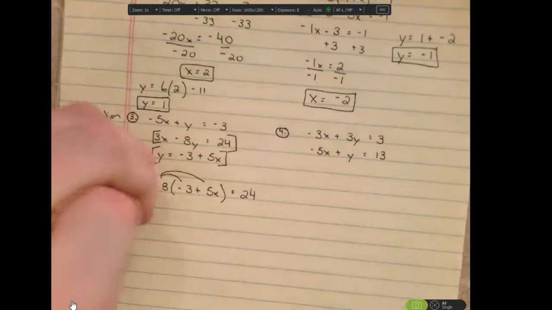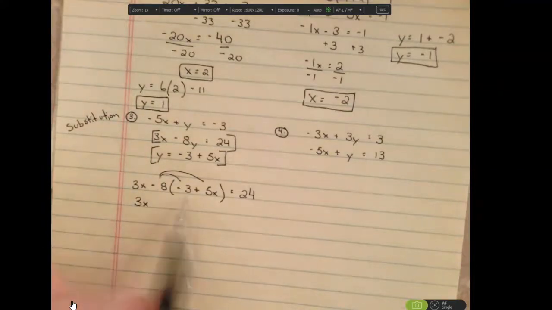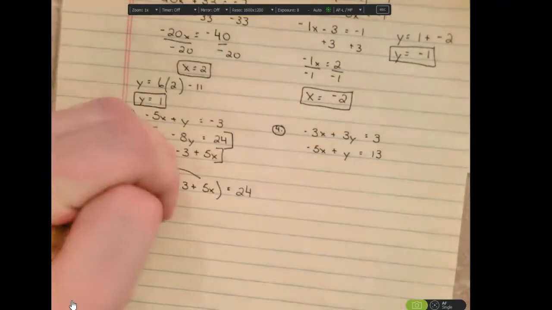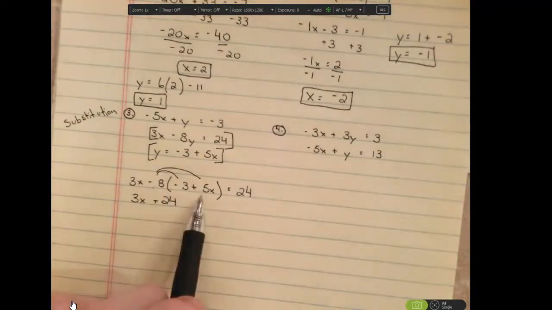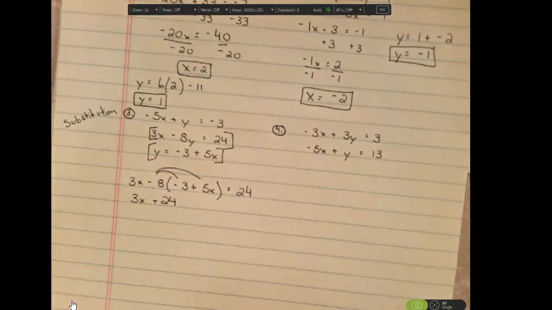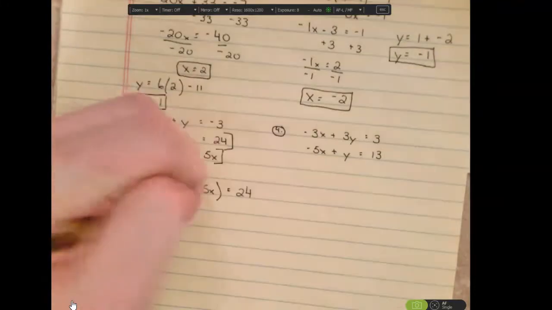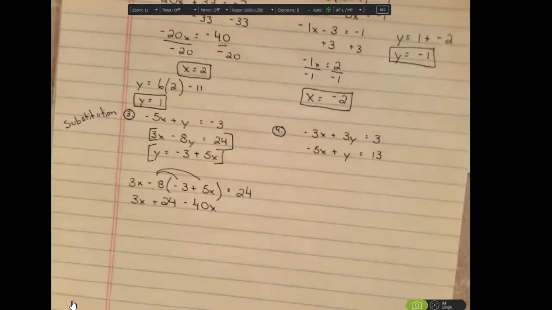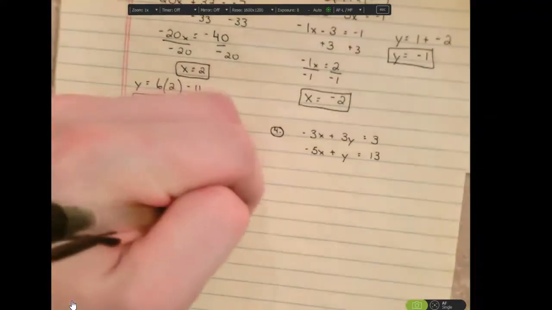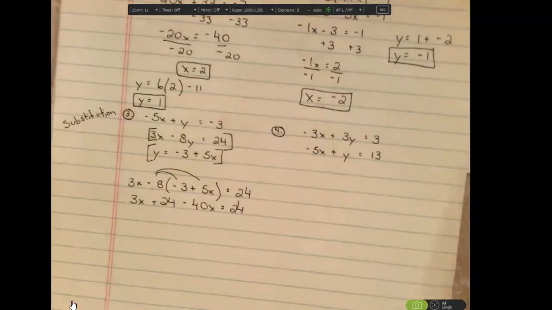So 3x, -8 times -3, positive 24, -8 times 5x, that's going to be equal to -40x. And we're going to put that equal to 24.